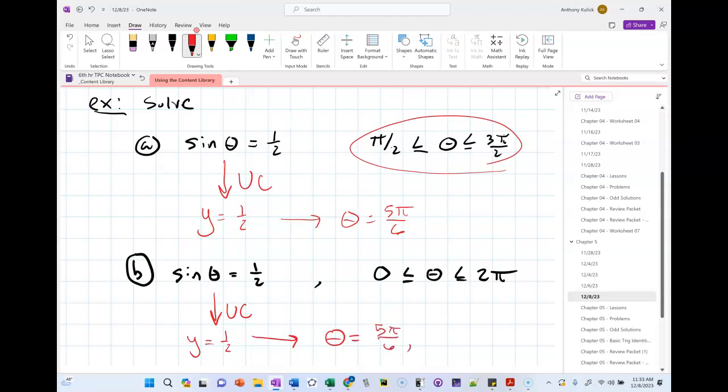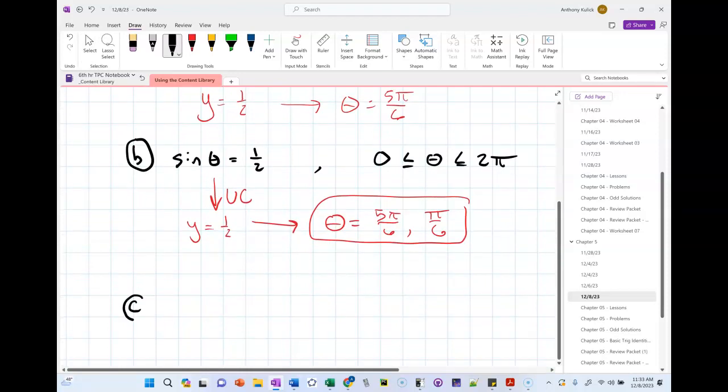So not only do I have 5 pi over 6, I also get pi over 6. That's the other place where the y coordinate is 1/2. So we're going to start getting the possibility of more than one answer. Is everybody okay with that idea? So far, so good? Okay.